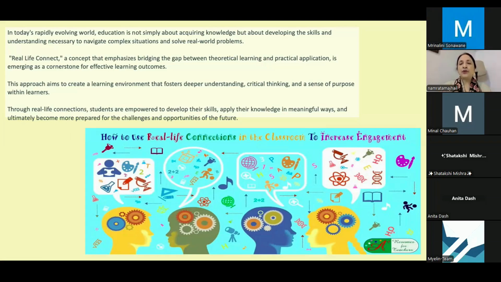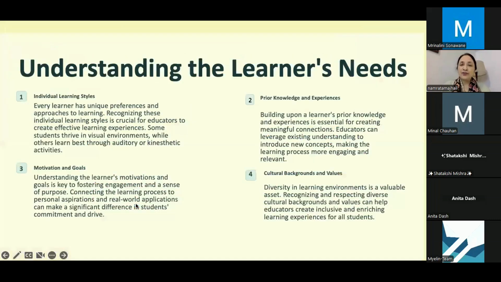We need to ensure that NEP is not just taken as a rote memory thing, that we know all the levels, we know foundational skills, everything is understood. No, we have to take that knowledge in the class to the application level. Until that happens, NEP will not be successful. Then it will be like, you know how it all goes, one more CCEI and it's gone. Are we looking forward to that kind of treatment being given to this? No, we want this to be successful because there's a lot of effort.